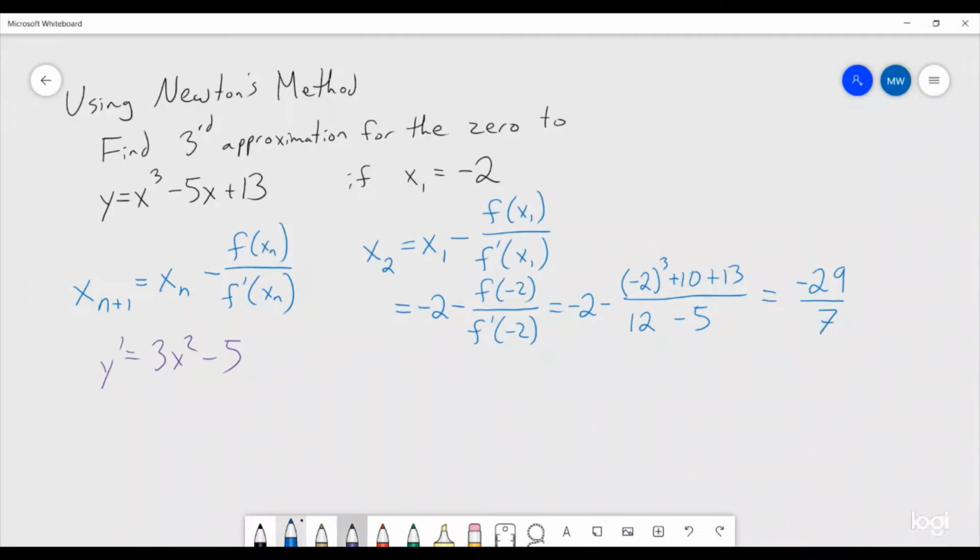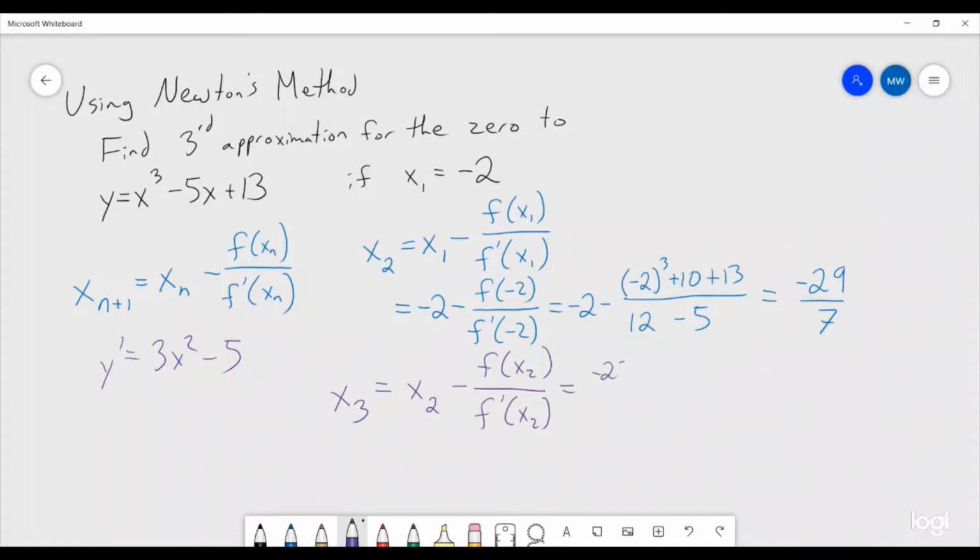Now for x3. This is often where it gets pretty hard, and they'll probably tell you to find the first one that's hard, and then they'll stop after that, at least on a test. So x3, that's going to be x2 minus f of x2 divided by f prime of x2.